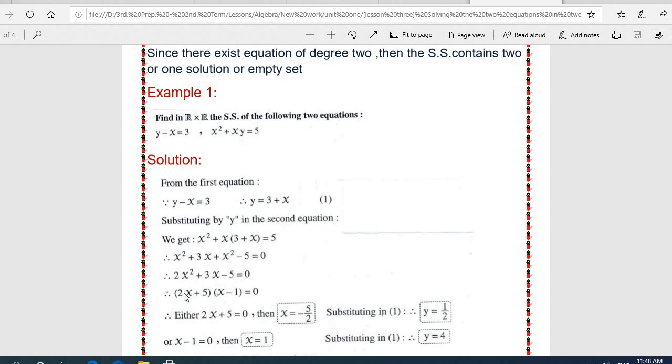So 2x plus 5 equals 0, which means that x equals negative 5 over 2. Substituting in 1, we find that y equals 1 over 2.